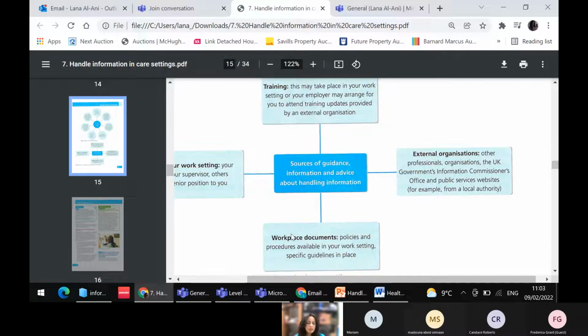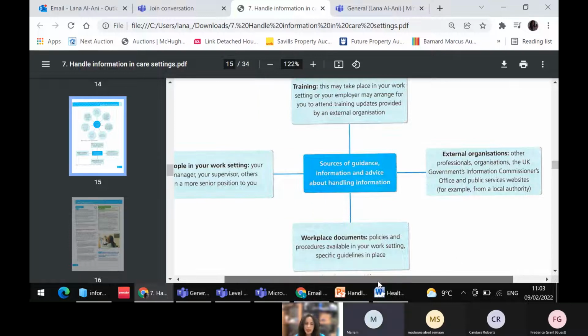I can also get information from my workplace documents, such as policy and procedure. They always have information about how to handle everything in the workplace, and also from specific guidelines in the place. Is this understood? Yes. Okay, excellent.